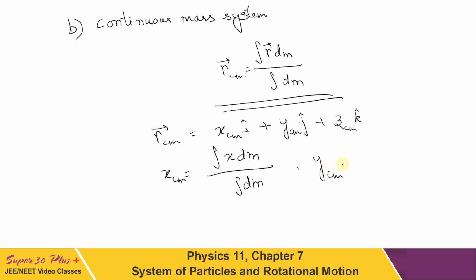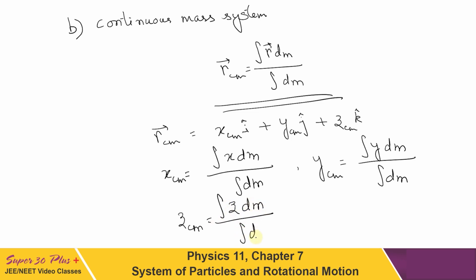Similarly, Y_CM can be written as integration of y dm upon integration of dm, and Z_CM can also be written in the same manner, integration of z dm upon integration of dm. This is how center of mass is defined for a continuous and for a discrete mass system.